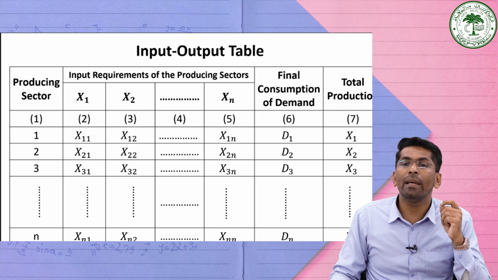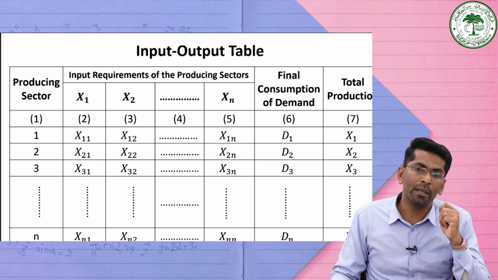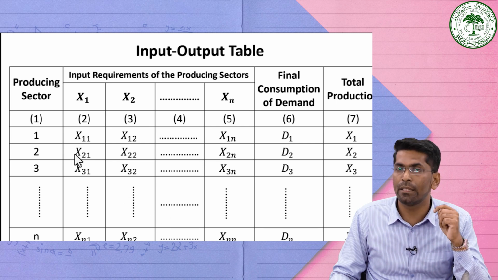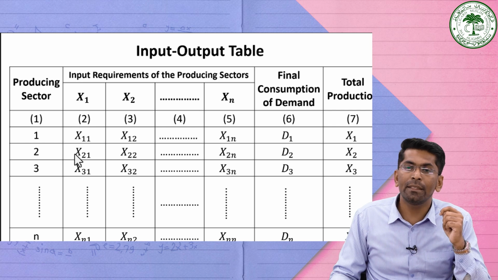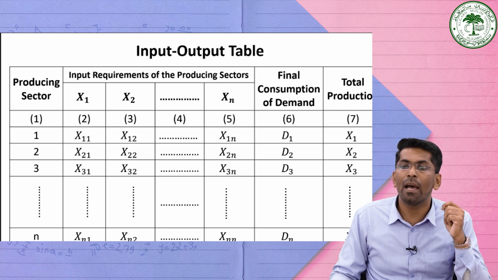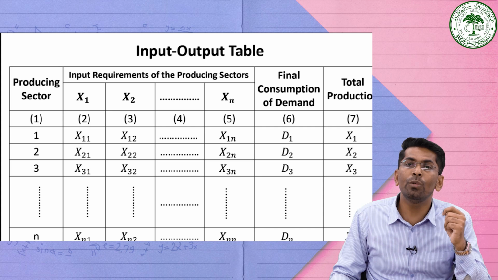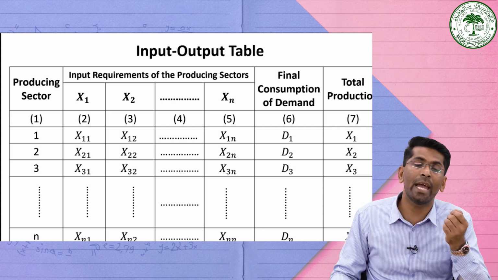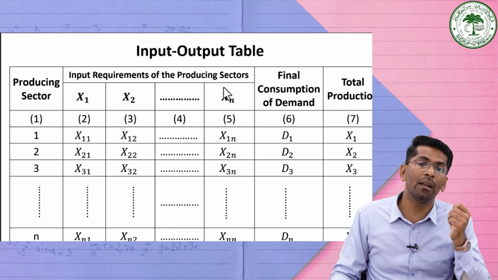There are n sectors in an economy, labeled from 1 to n, and the table illustrates the interdependency between the different sectors of the economy. Each sector requires input from the other sectors to produce its output, and this intersectoral linkage is captured by the technical coefficient.